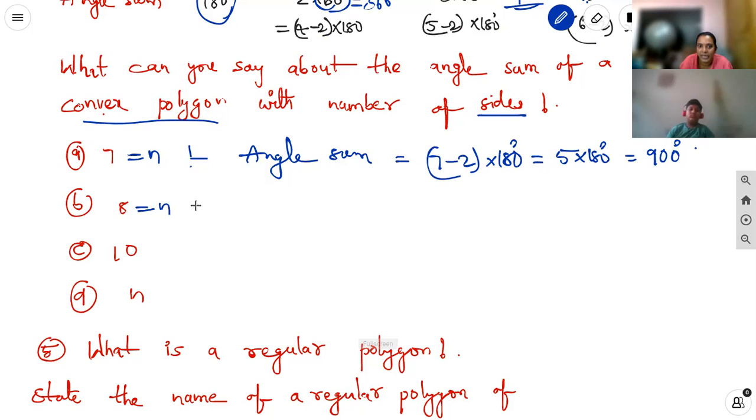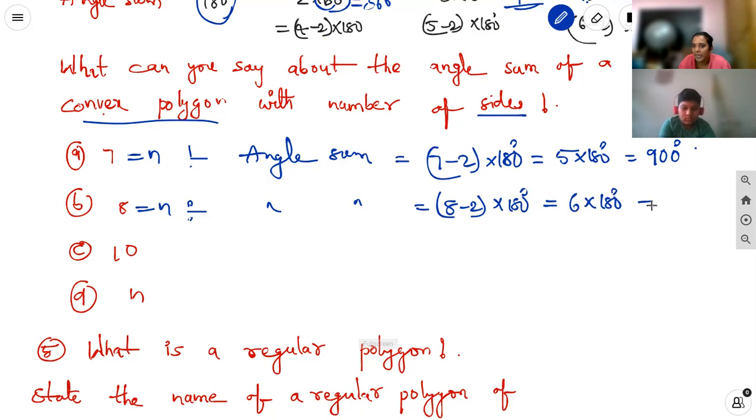Next, second case: angle sum equals 8 minus 2 into 180 degrees. 8 minus 2 is 6, into 180 degrees. 6 eighteens are 108, and already a 0 is there: 1080 degrees. Next, number of sides equals 10. That is octagon for 8 sides, heptagon for 7 sides, decagon for 10 sides.